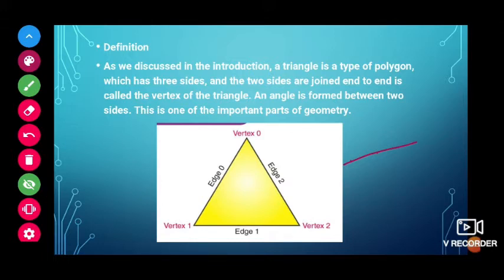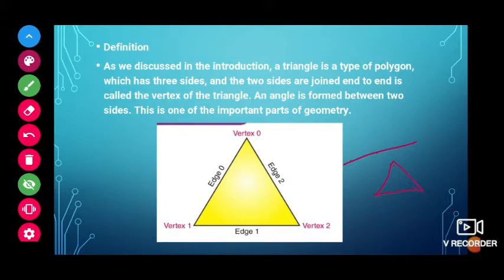Whenever we take non-collinear points, which do not lie on the same line, they will form some shapes. In that, a triangle is a shape formed by using three non-collinear points. If we join three non-collinear points, then it will form a triangle.